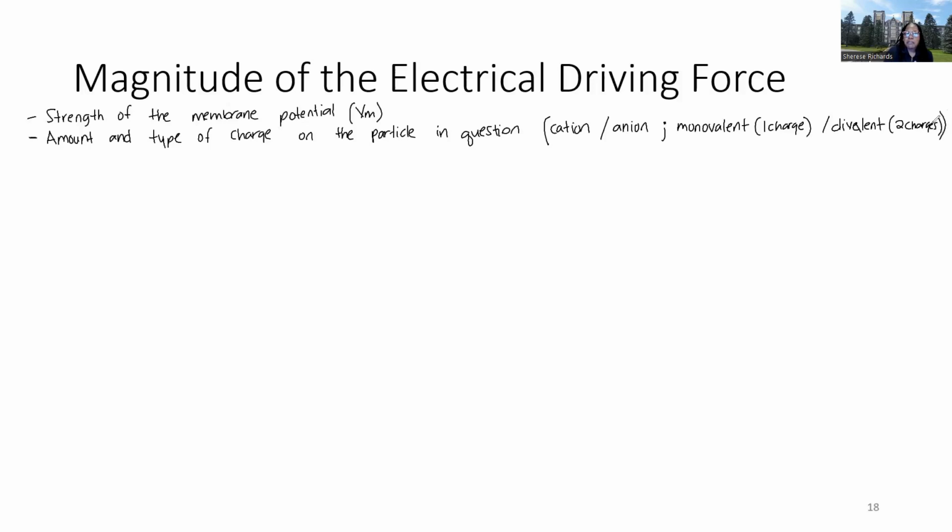So the amount, monovalent or divalent, and the type, positive or negative, therefore cation or anion, is the second factor that determines the magnitude of the electrical driving force. All right, so let's look at an illustration here and look at what some different magnitudes look like.